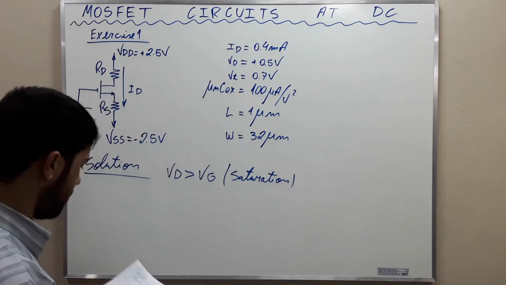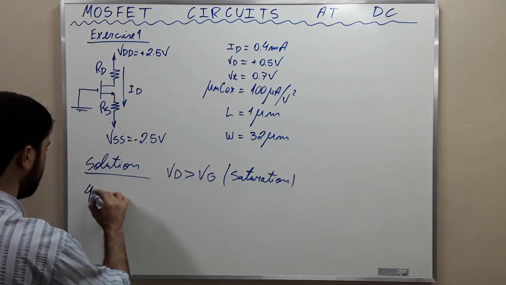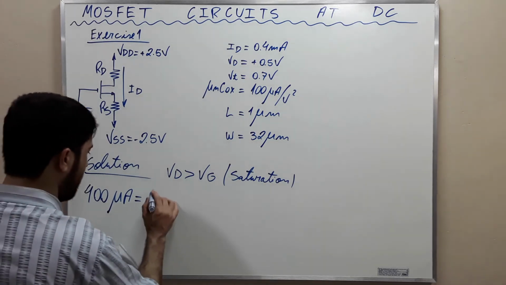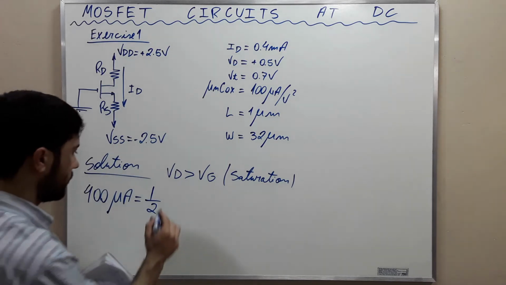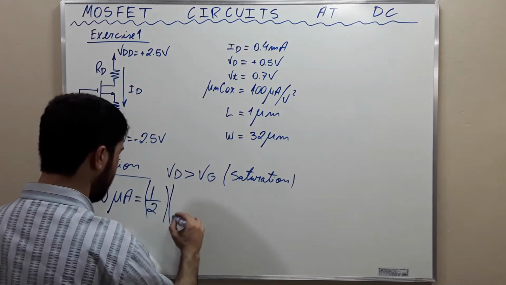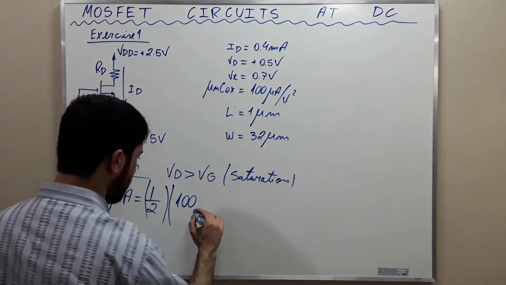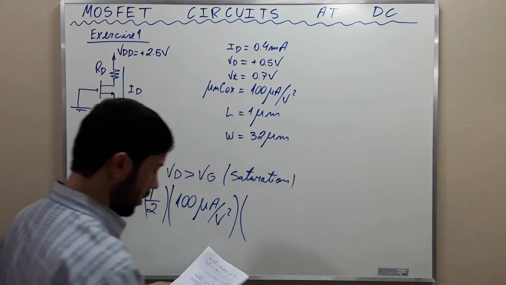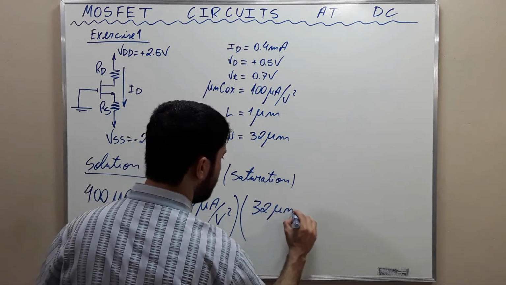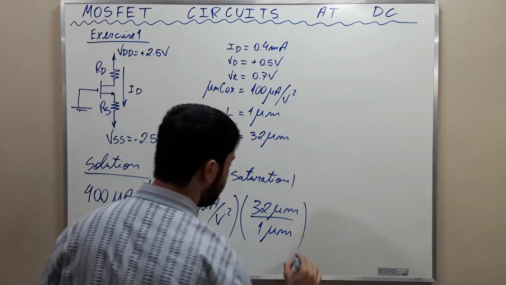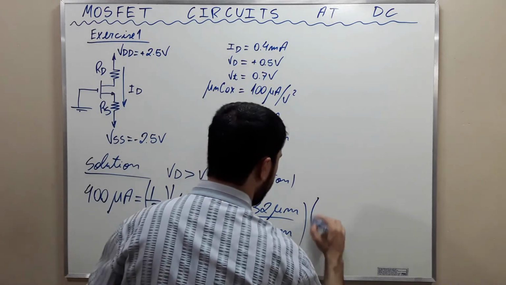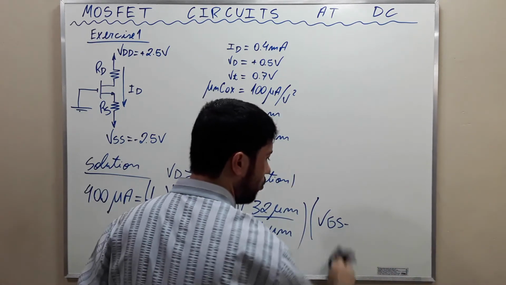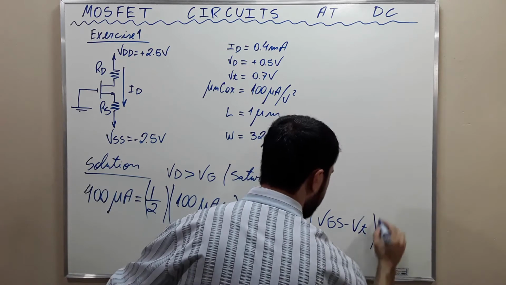Okay, then it is going to be 400 microamperes equal to a half times 100 microamperes per volt squared, times 32 micrometers divided by 1 micrometer, and then here we use VGS minus VT squared.